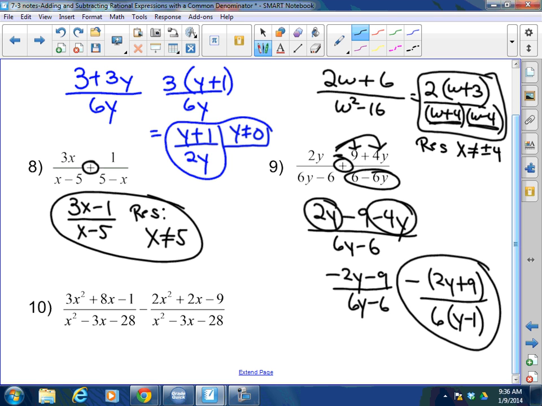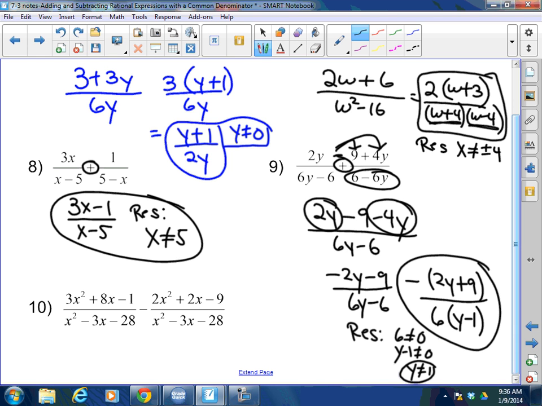Adding like terms. Yes, sir. And the restrictions would be 1 and 2. Thank you very much. No. For the restrictions, yes, you set x not equal to 0 and y minus 1 not equal to 0. But the only valid one here is y not equal to 1 because you know that 6 does not equal 0. There's no variable, so you don't have to worry about that. So that's my restriction. Thank you, son.